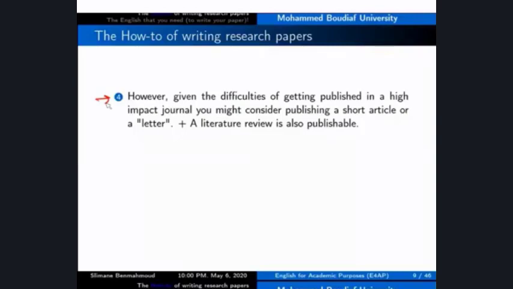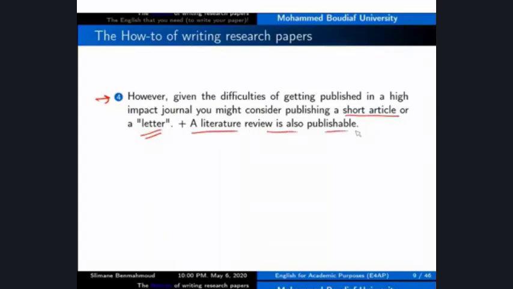However, given the difficulties of getting published in high-impact journals, you may consider publishing a short article or a letter. This means that if you cannot publish in a high-impact journal, you can publish a short paper or a letter. Also, a literature review is publishable.